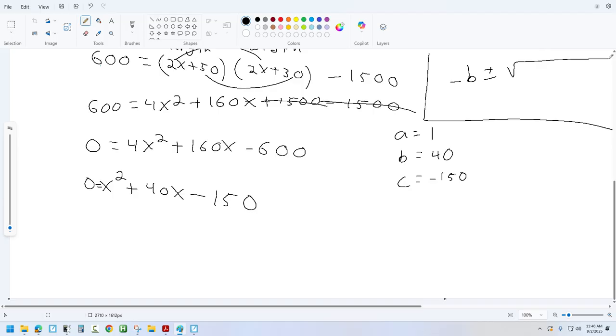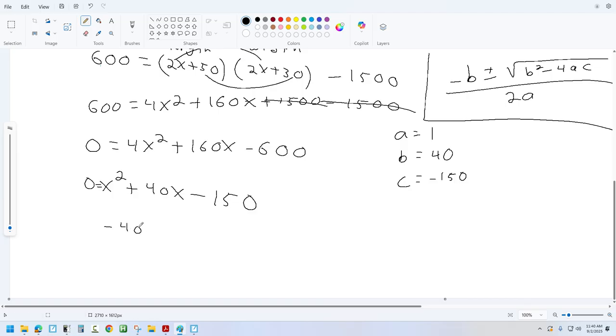What's the radicand? What goes under the square root? B squared minus 4ac. Perfect. Can somebody else give me the denominator? 2a. Yep. So now it's just a matter of filling in the a, b, and c and seeing what we get.